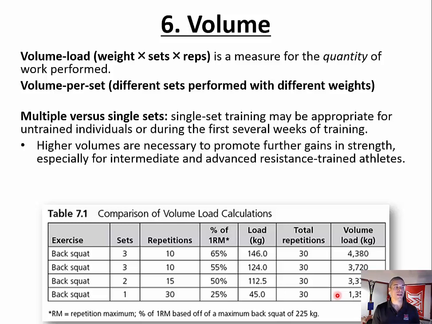We're talking about intermediate or advanced resistance trained athletes. And it's been shown consistently within the literature that higher volumes of training are necessary to promote further gains in athletic performance, such as muscular strength.